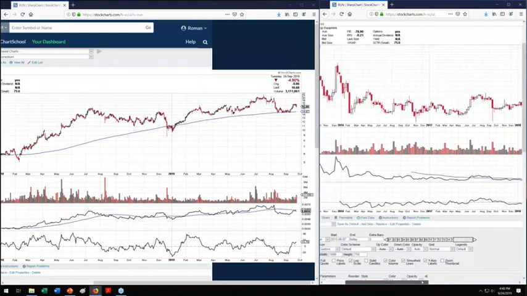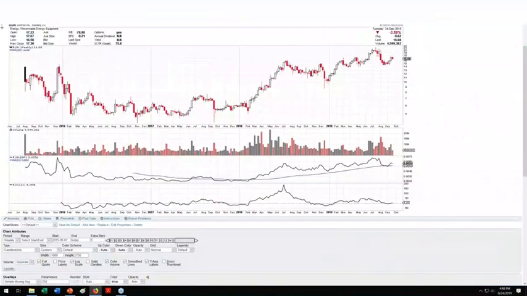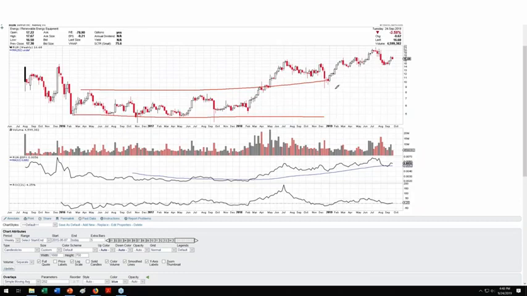All right, so let's look at the weekly first. A popular stock right now, momentum stock. A lot of interesting comments about this. So we're looking at the original trading range after the IPO.